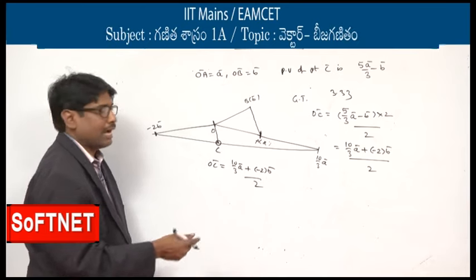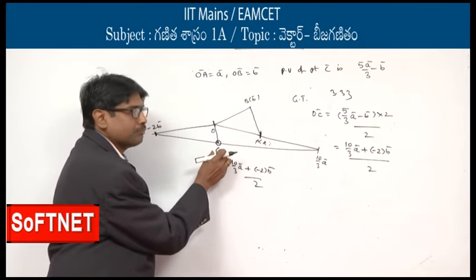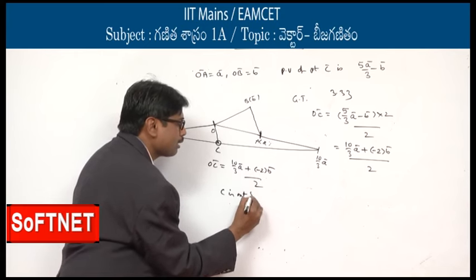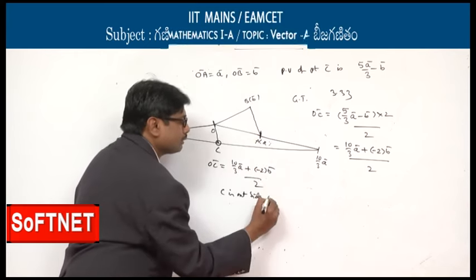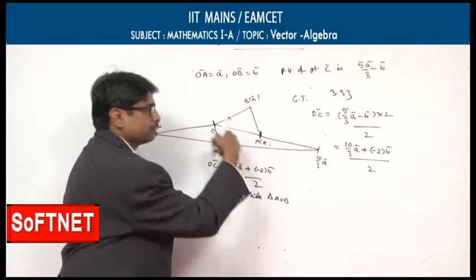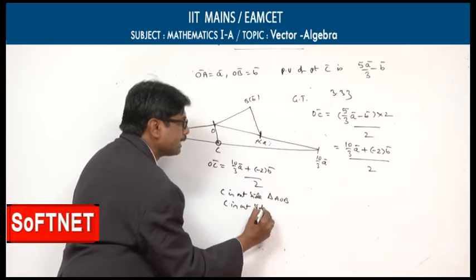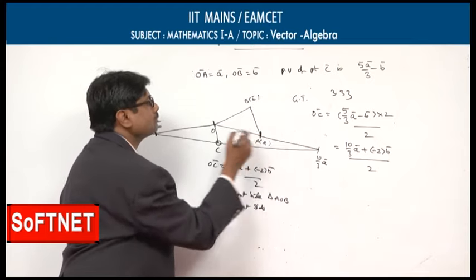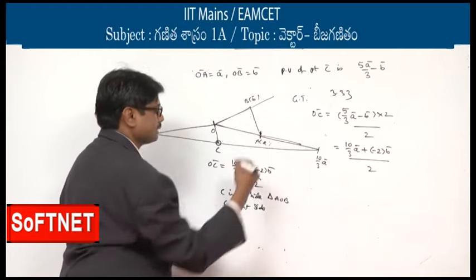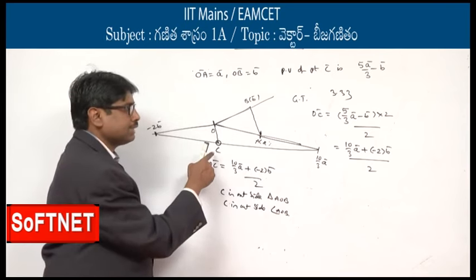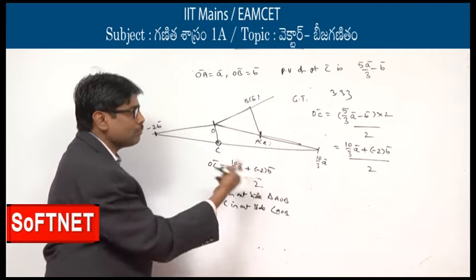Obviously we noticed that the point C will be outside the triangle AOB, as well as C is outside this angle AOB also. If you extend this angle, it is outside angle AOB. So the location of point C with respect to the triangle and angle will be outside.